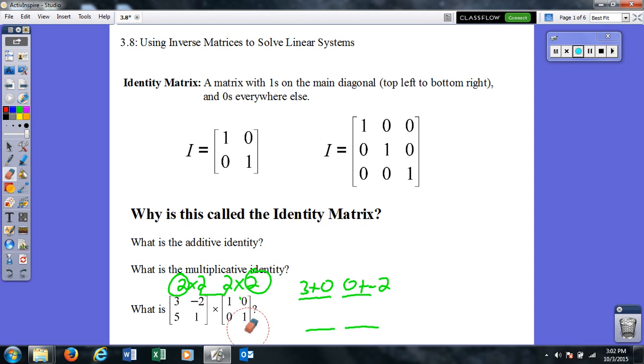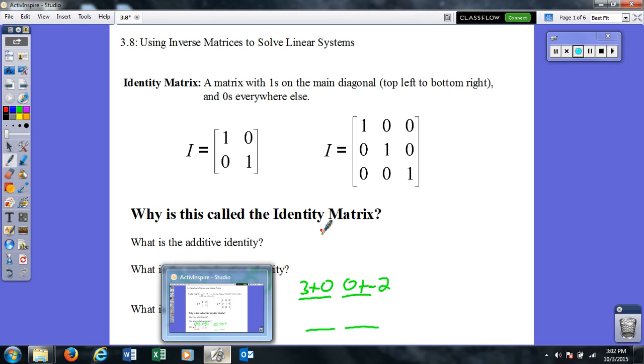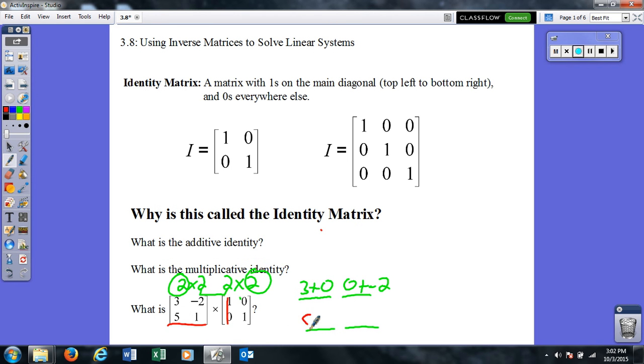For the bottom left spot, we use the bottom row, left column. That's 5 times 1 is 5, plus 0 times 1 is 0. And for the last spot, we've got bottom row, right column. That's 5 times 0 is 0, plus 1 times 1 is 1.